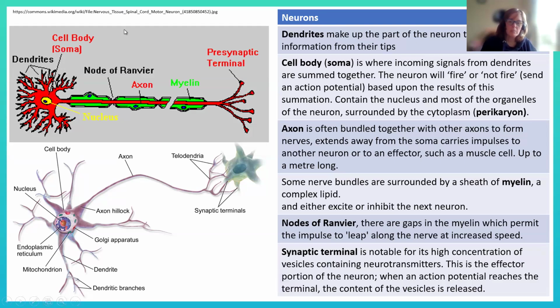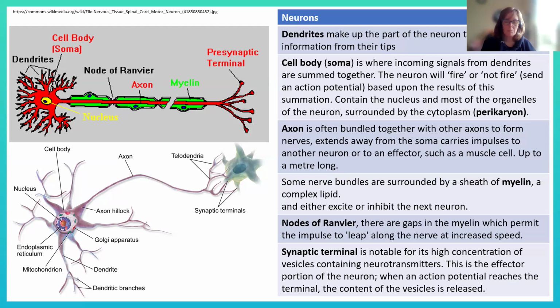Okay, what else have we got? Synaptic terminal, which I've already mentioned a little bit, is the end of these dendrites, and they've got loads of vesicles, and these contain neurotransmitters. And it's the neurotransmitters that form the connection between two neurons. That's why they're really important.